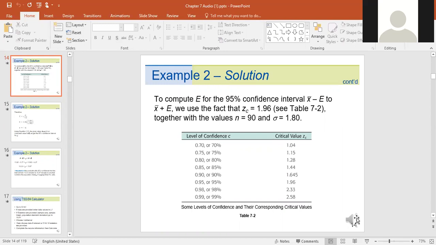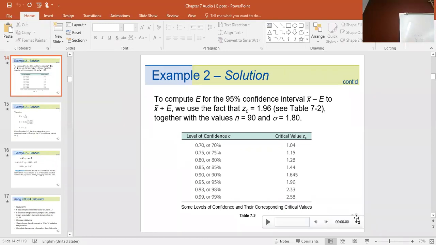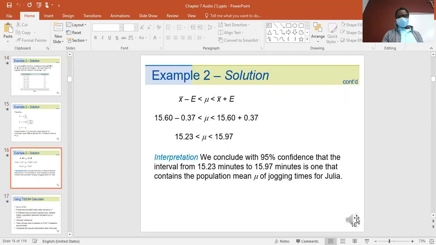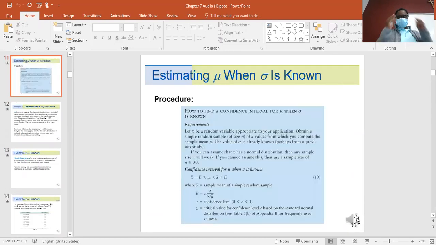So once you have the margin of error E, the confidence interval for the mean is sample mean minus E. So that's what you can see here.